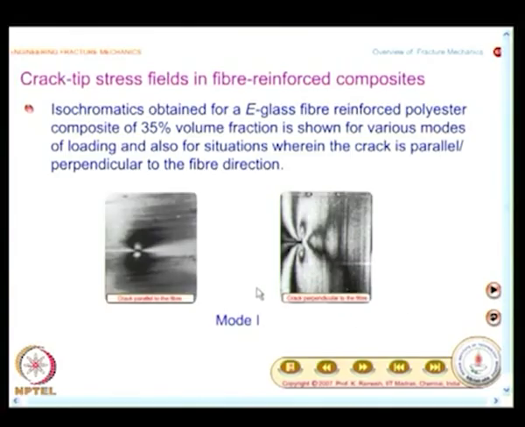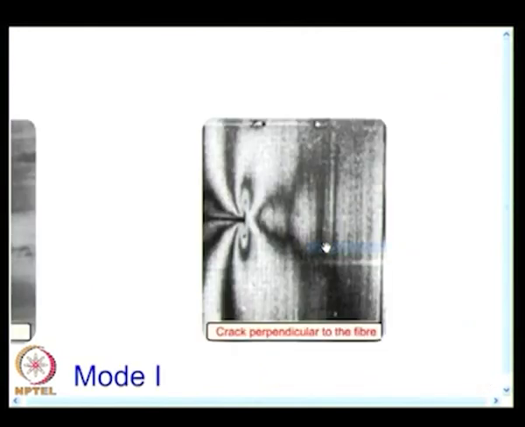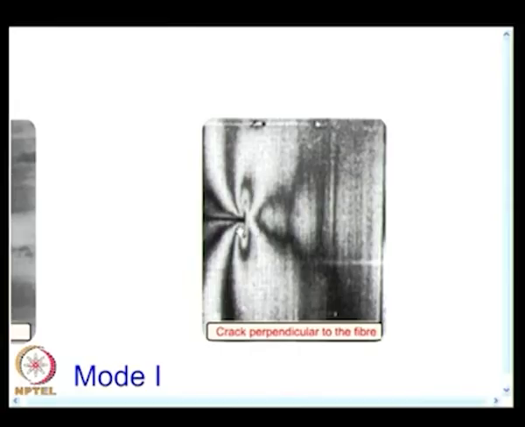These are the fringe patterns obtained for mode 1 loading for two situations: when the crack is parallel to the fiber and when the crack is perpendicular to the fiber. I think I could enlarge this and show you. See, the fringes are stretched in the fiber direction, and obviously when you have a crack, the crack will not propagate straight, but it will propagate along the fiber.